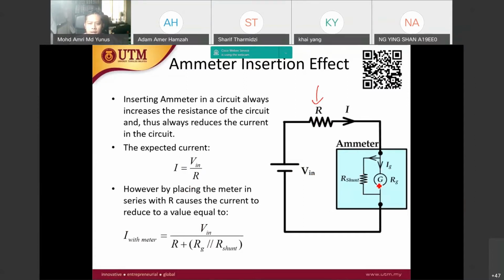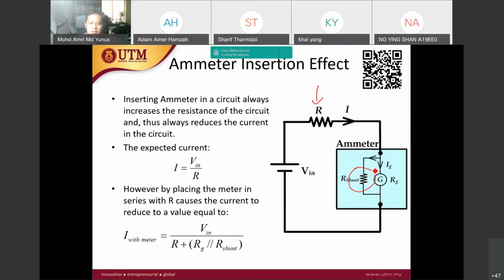An ammeter basically consists of a PMMC connected in parallel with a shunt resistor.